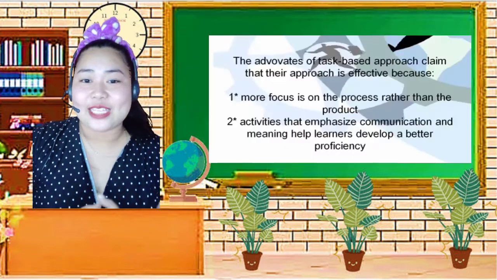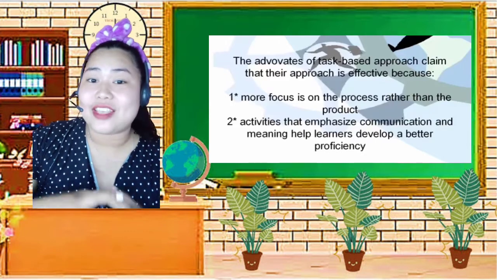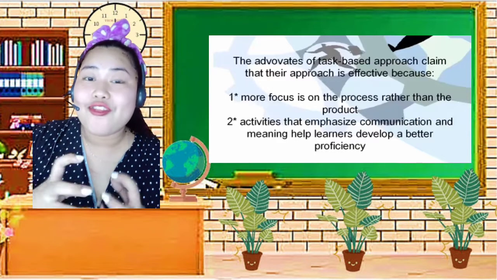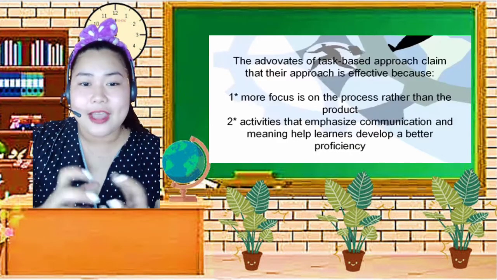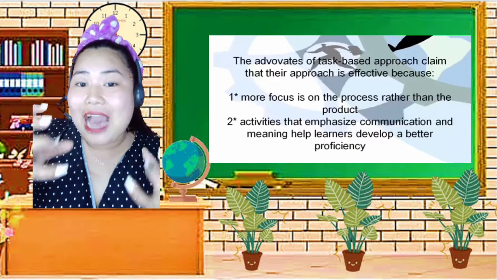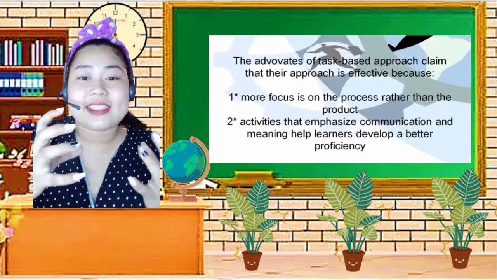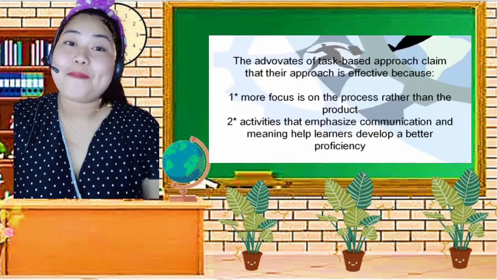The advocates of the task-based approach claim that their approach is effective because, number one, more focus is on the process rather than the product. This means that it is not the outcome that is important, but the process, the task in which the learner is engaged.